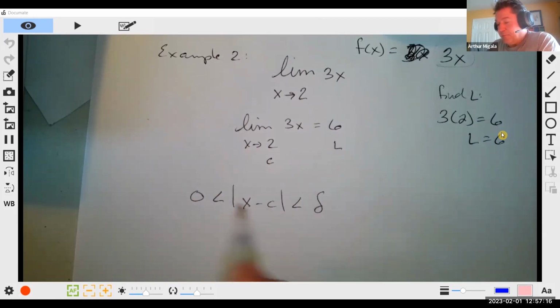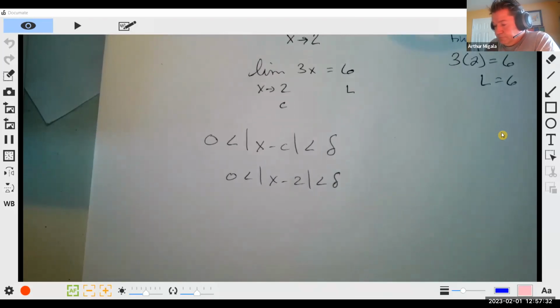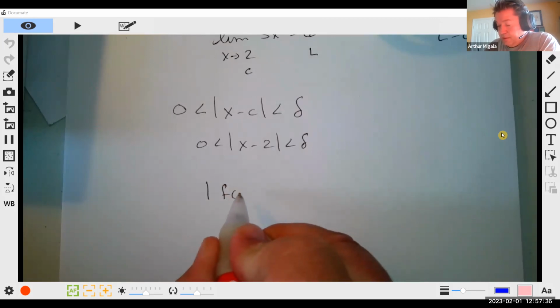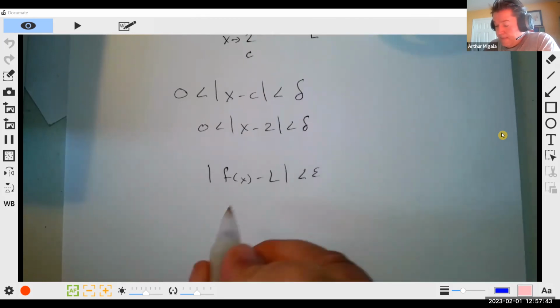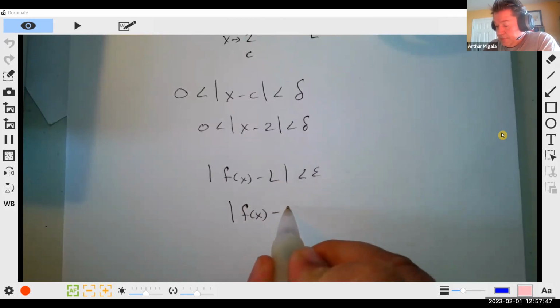We have to define our x. Remember, x is the independent variable, so we have to find the independent variables first. So we have 0 less than absolute value of x minus 2 less than delta. And from there, we find f of x minus L less than epsilon. The limit we said was 6.